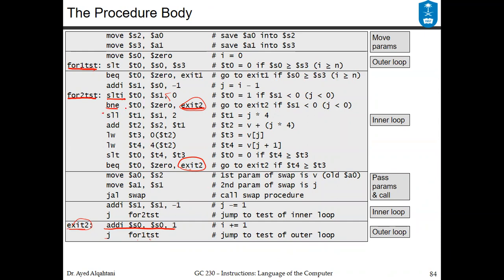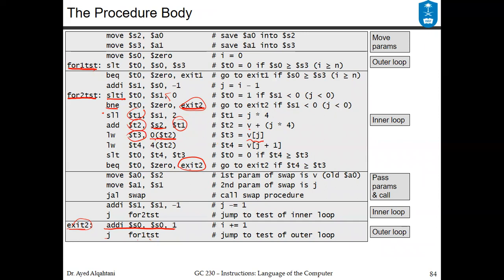So if this is true and you don't branch to exit 2, then you go to the body. First, you shift left logical by 2, because we need to multiply j by 4, and then add the T1 to the base address S2, which is the base address of the array V. And now we have it in T2. Right now here, we prepared V of j, and we can load it to another temporary value, T3.